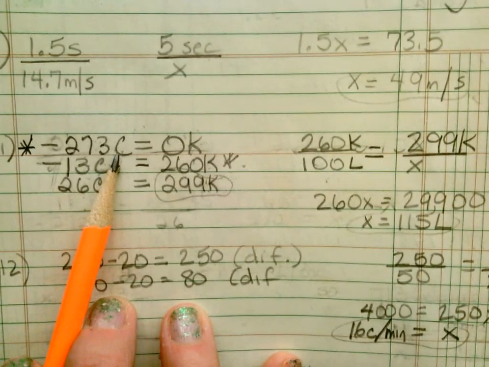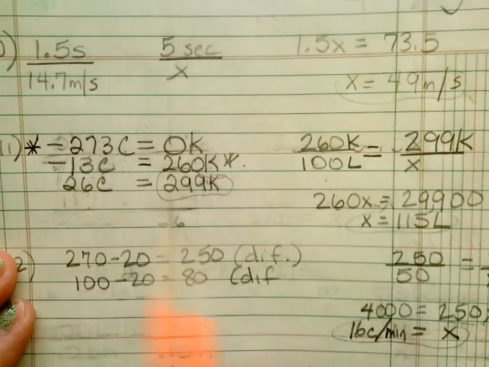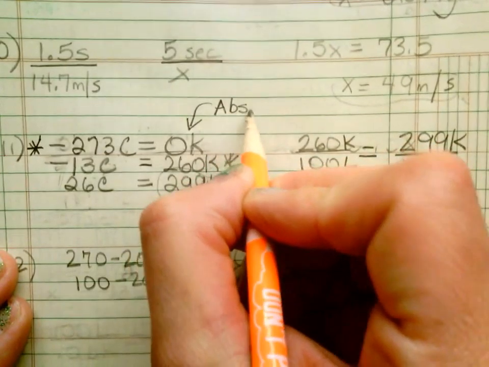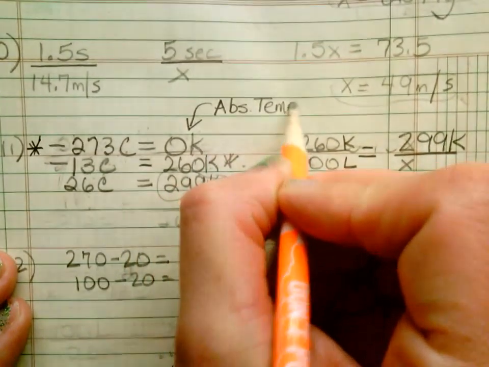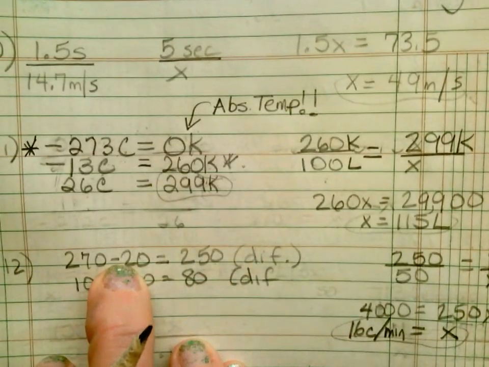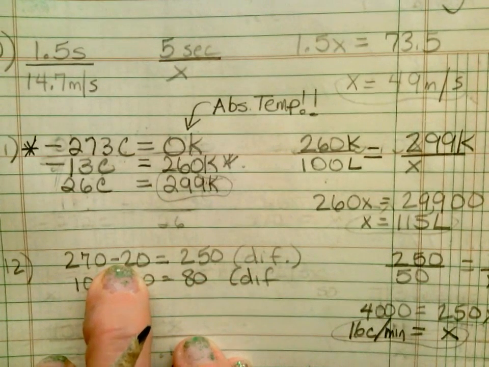The volume of a fixed amount of gas kept at a constant pressure varies directly as its absolute temperature. Now, absolute temperature is Kelvin. Absolute temperature is Kelvin, okay?